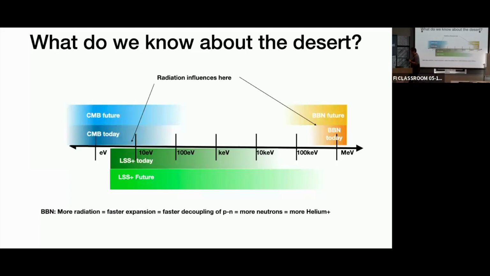It's a very roundabout process. I don't want to take us through the whole argument here because it is pretty detailed. But the important point is that the fact that we go out and measure the amount of lithium, deuterium, and helium tells us a lot of information about how much radiation was present at an MeV, and in particular that it shouldn't be too much.